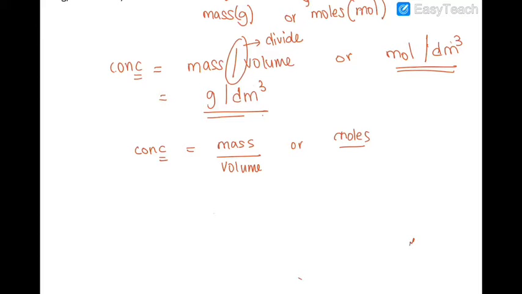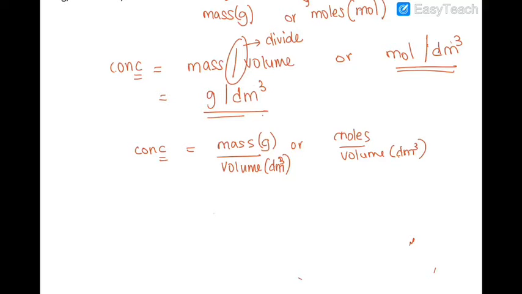So these are the formulas to calculate concentration. Concentration is mass in gram divided by volume in dm cube, or number of moles of that substance divided by volume in dm cube.